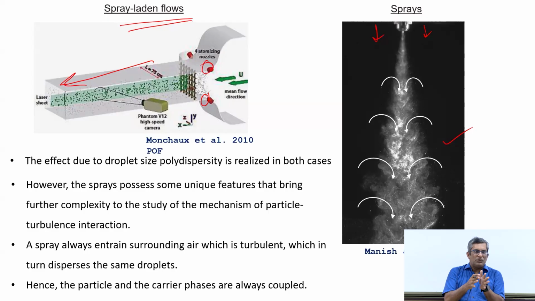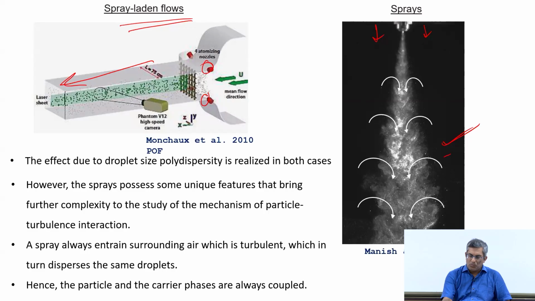Because in this case you can decouple the particle phase and the carrier phase. So it is possible that we have a flow without particles and a flow with the same particles, and you study what effect the particles have on the flow. But in a spray it is not possible to create such flows, because the airflow is created because of the spray itself. So this is not possible here.